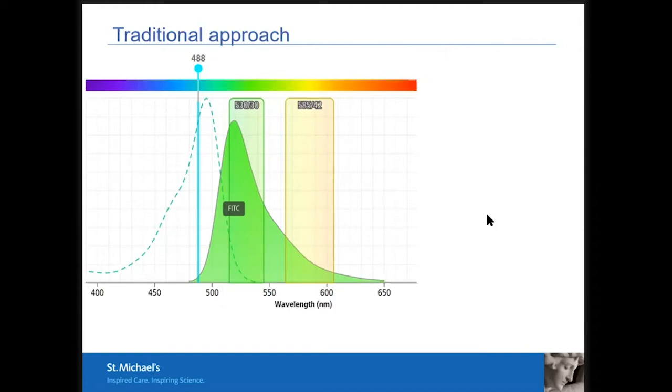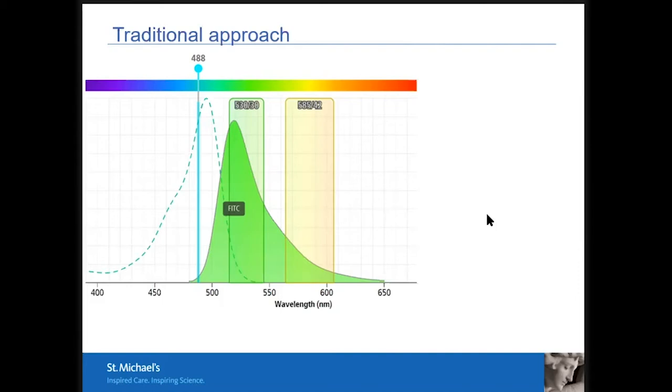In a traditional flow cytometer, we've just got a diagram here where the blue line is our excitation laser, a blue 488 laser, exciting FITC very, very well at 488 nanometers, and then it emits a spectrum of photons. So it doesn't just spit out green photons, it spits out a probability curve of a whole bunch of different photons. We collect in this 530/30 bandpass filter 30 nanometers worth of light spectrum.